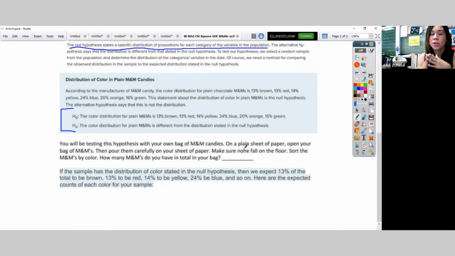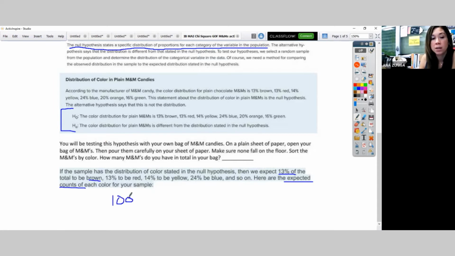Okay, so by now you should have sorted your candy and you have a total. Let's pretend the total amount of candy in the bag is 100. What we're going to do right now is figure out what our expected counts would be. So if in fact what they claim to be true is true, if in fact 13% of the M&Ms are brown, I would take the 100 total pieces of candy I have in my bag.